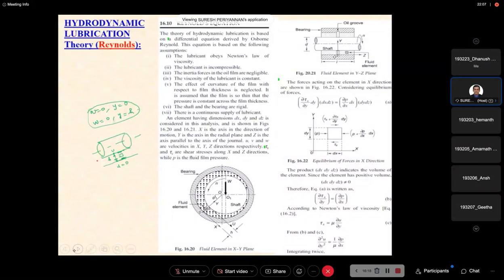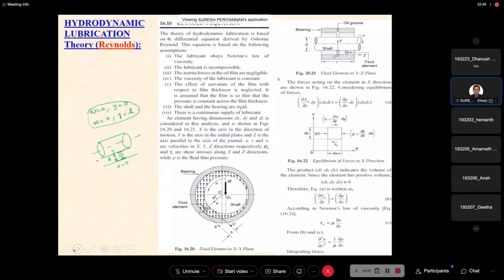Next, we discussed what the bearing characteristic number is and how the transition from thin film to thick film happens, and based on that, what bearing modulus we should follow. But we never studied the behavior of hydrodynamic lubrication. Now we are going to discuss that.